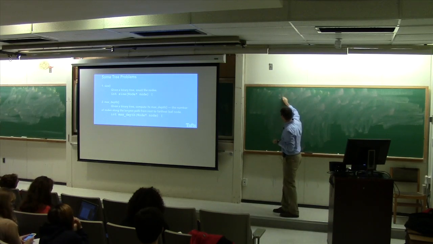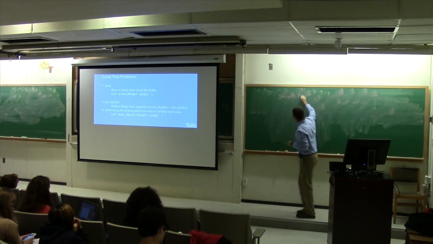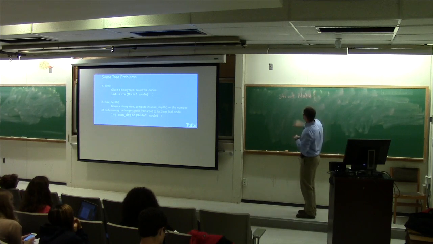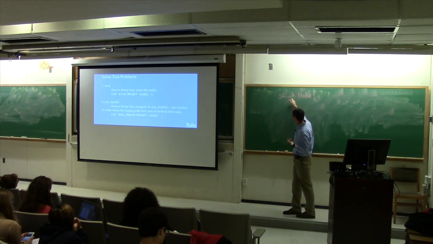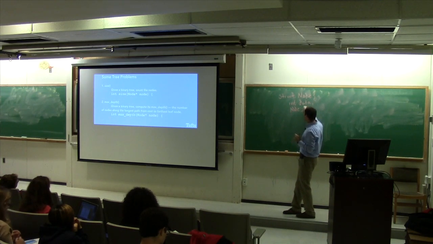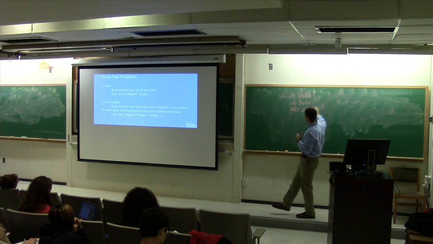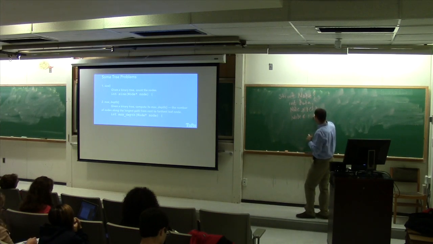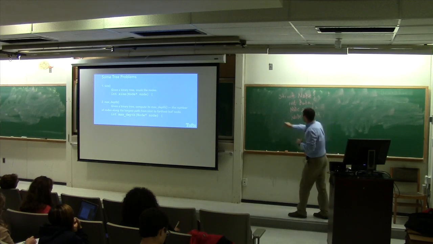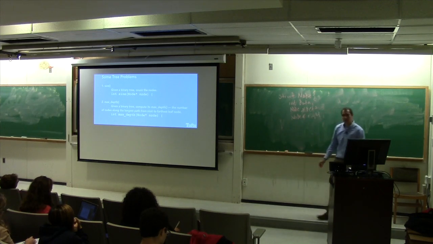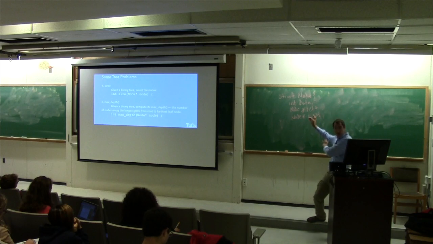We have a struct node, and it has, let's call it, int data. Then it has a node pointer to left, and a node pointer to right. And that's our struct for a node. Everybody with me there?